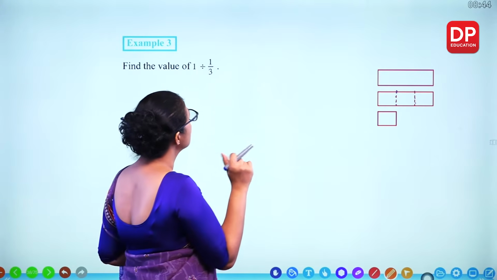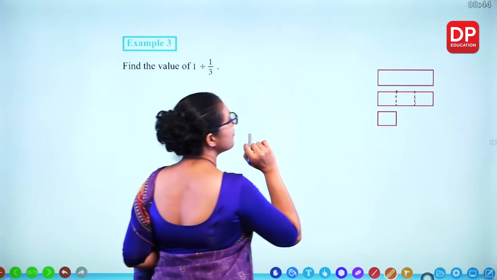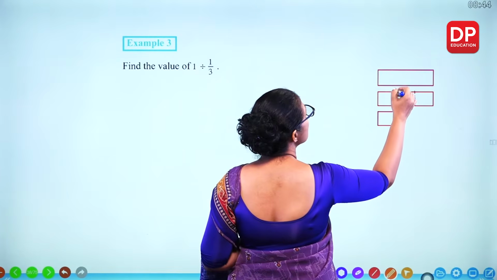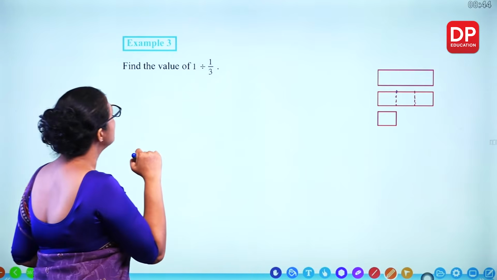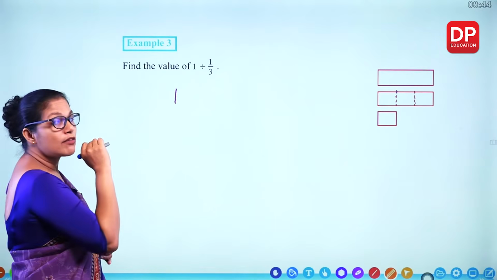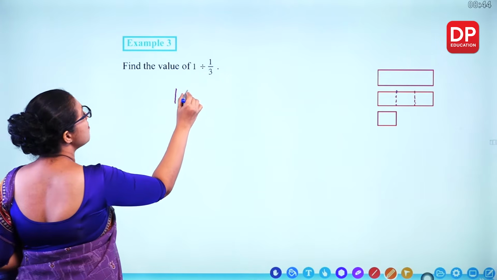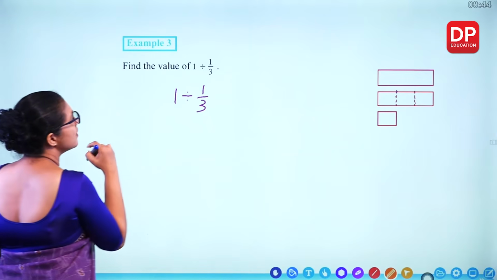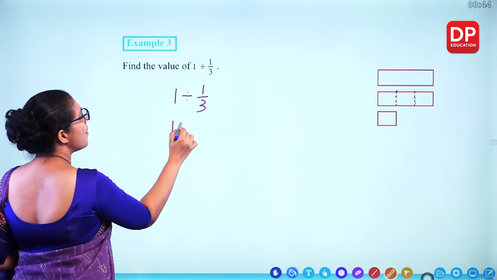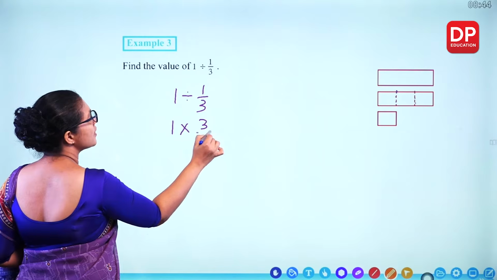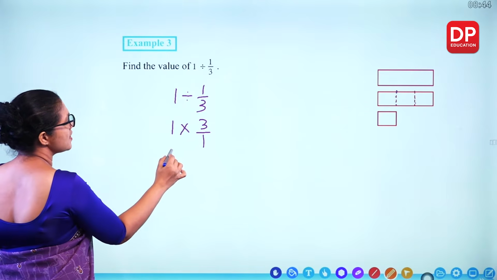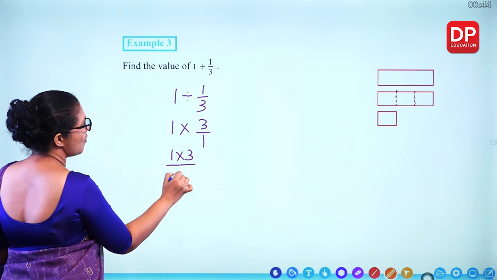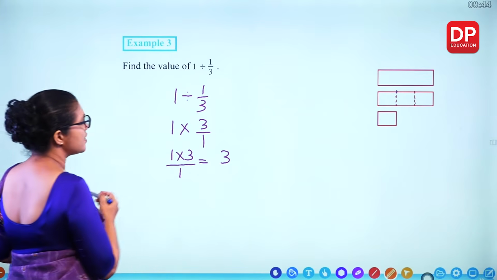You get 3. So here we'll do that with the calculation. 1 divide by 1/3. So 1 multiplied by reciprocal, 3 over 1. So what's the answer? 1 times 3 over 1, you get 3.